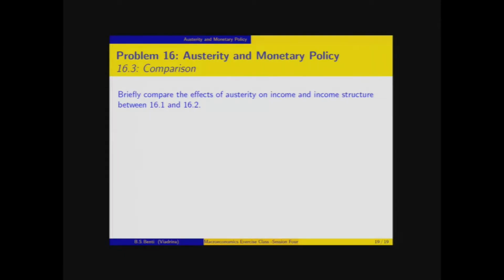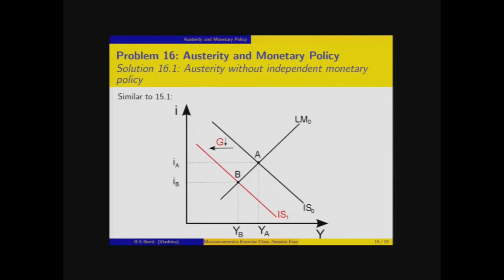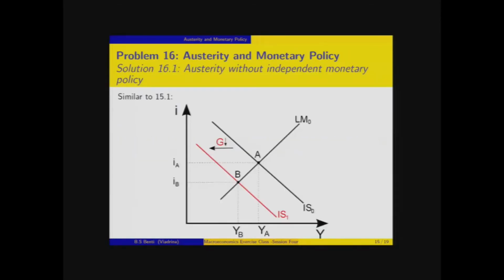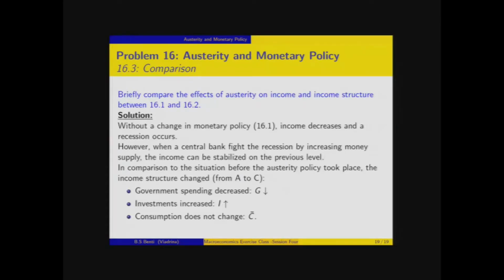The final part of problem number 16 is to briefly compare the effect of austerity on income and income structure between 16.1, the contractionary fiscal policy, and 16.2, the expansionary monetary policy.